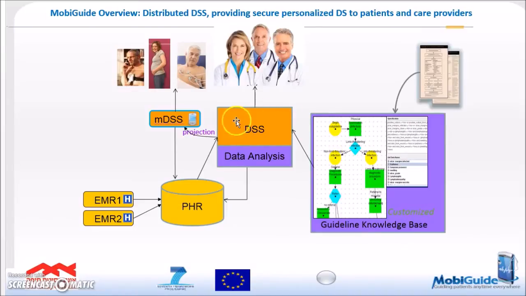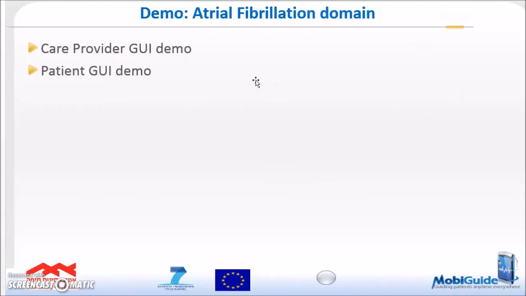A decision support system that consists of a back-end system and a mobile system interacts with this guideline knowledge and crosses it with patient-specific information that is collected from hospital medical record and from sensors, and delivers the advice to patients and to their care providers.